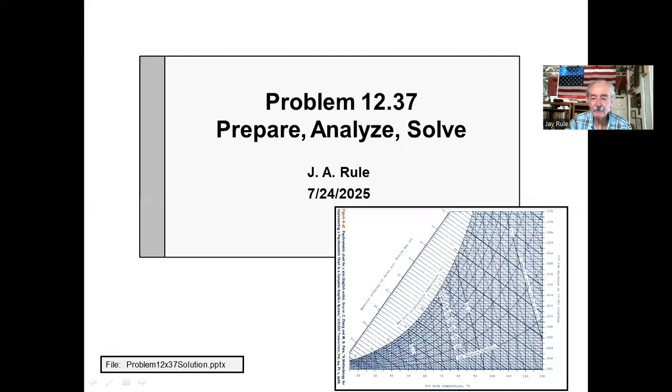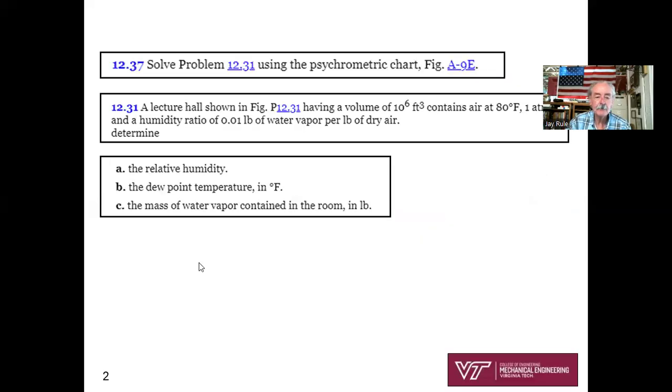This is going to be problem 1237. So let's look at what we're assigned to find. 1237 says, solve problem 1231 using psychrometric chart. Okay, fair enough.